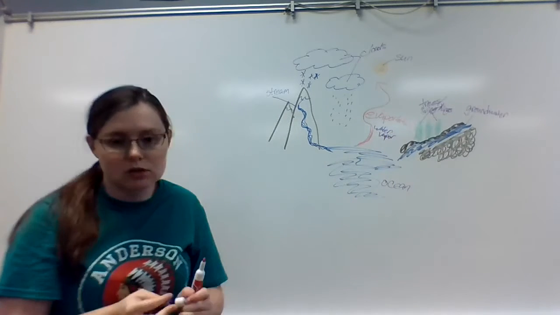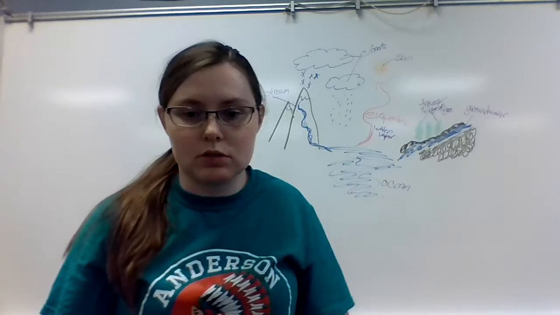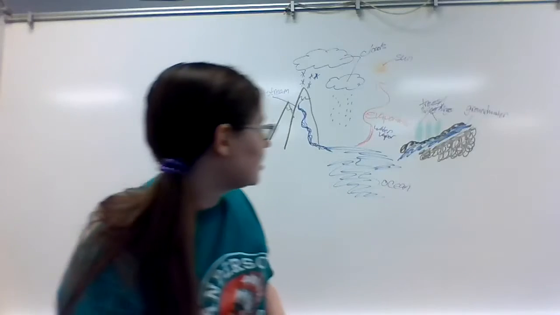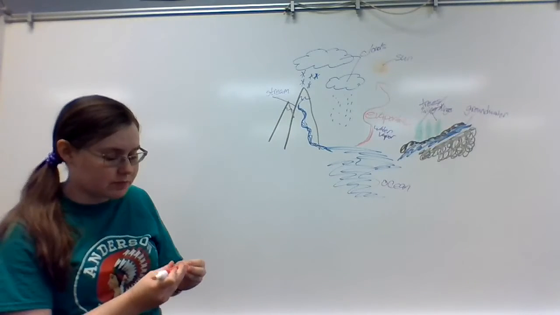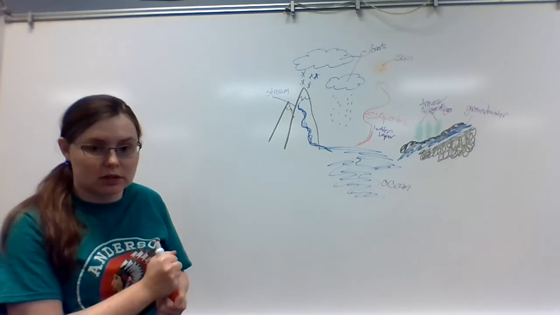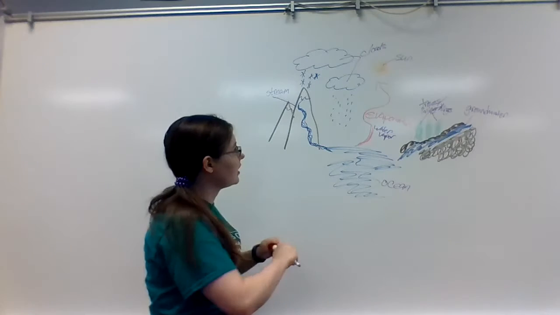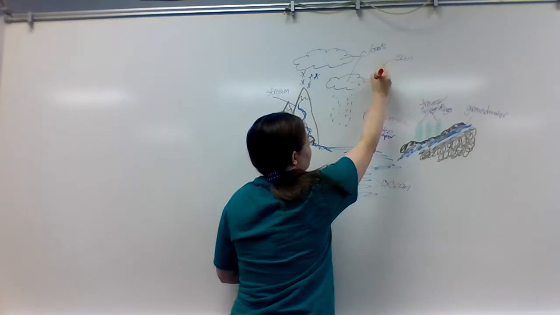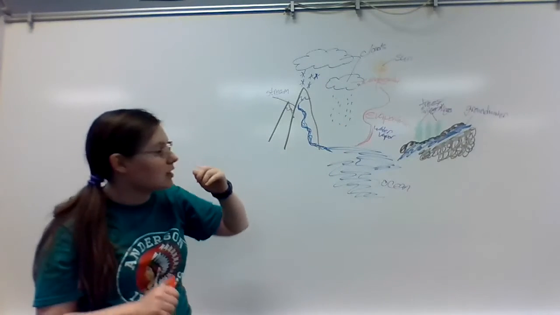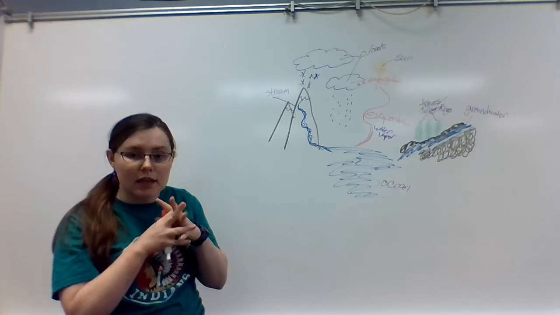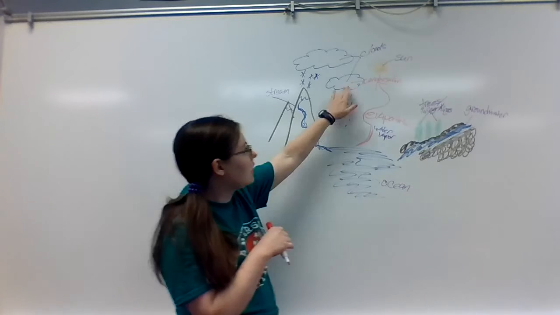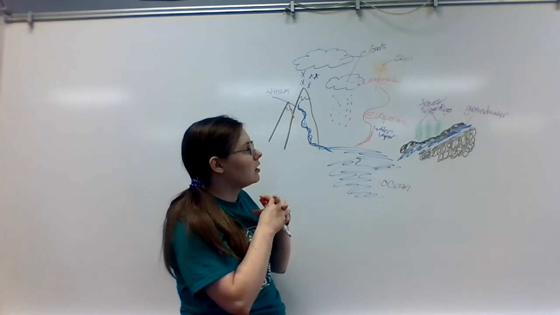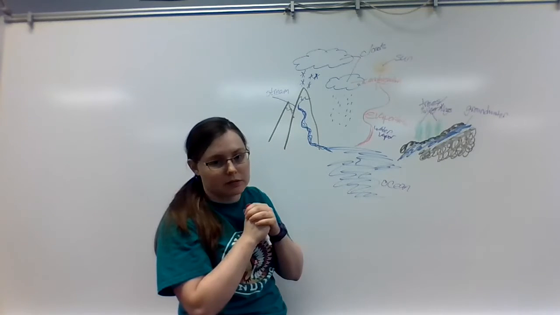The water vapor is going to evaporate from the ocean into the atmosphere, which is then going to collect and condense. What we'll see next is the condensation in the clouds, where the water vapor forms together into a unit that we refer to as clouds.